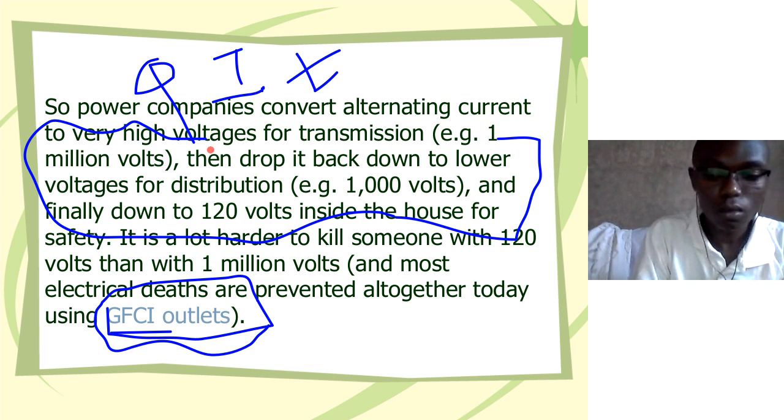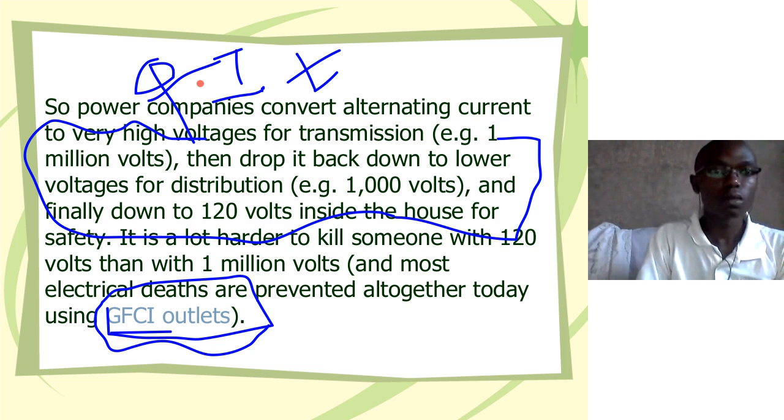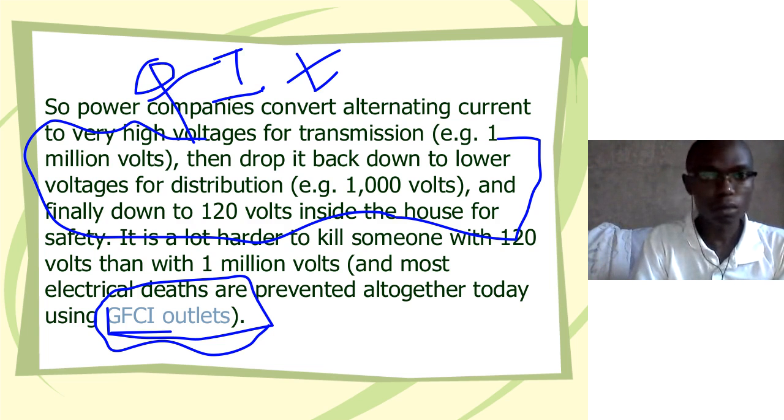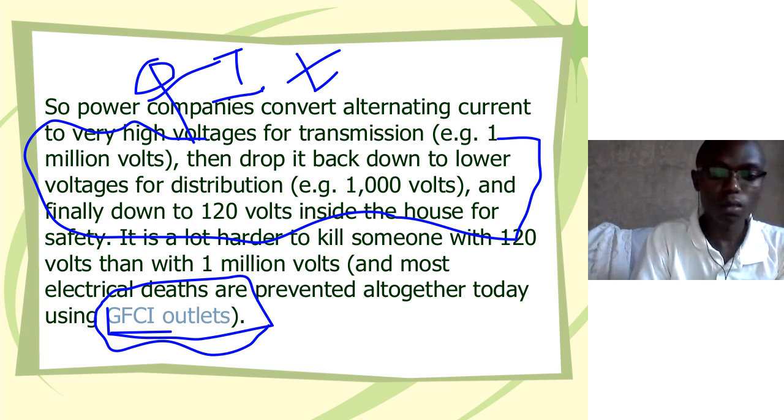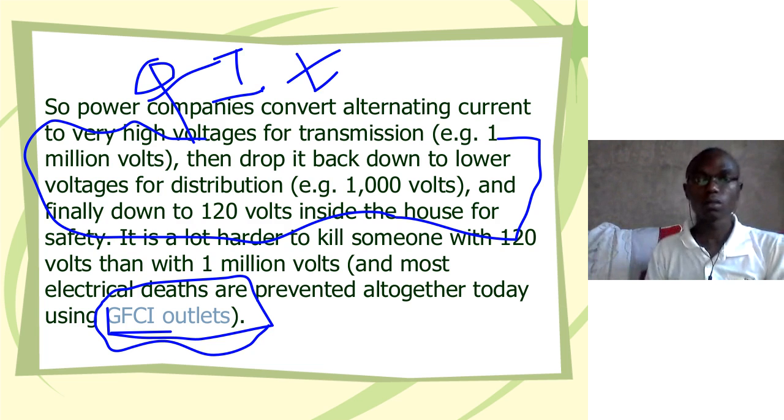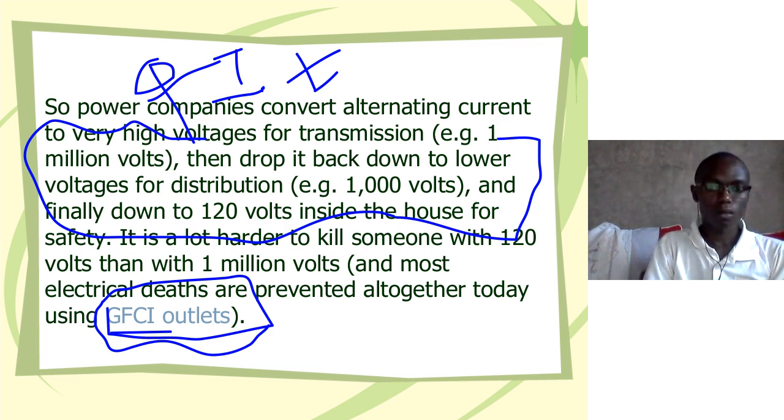Now, if you divide the amount of charge passing through a given point by the time, that is Q over T, then you get another definition of current in relation to charge and time.